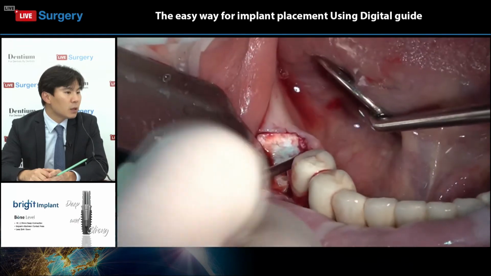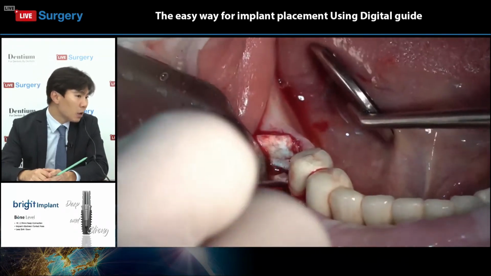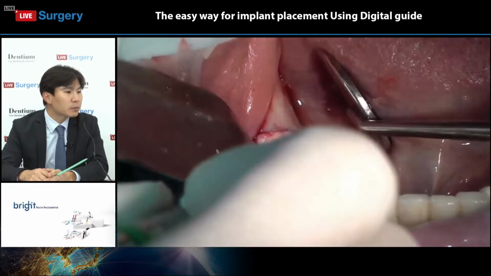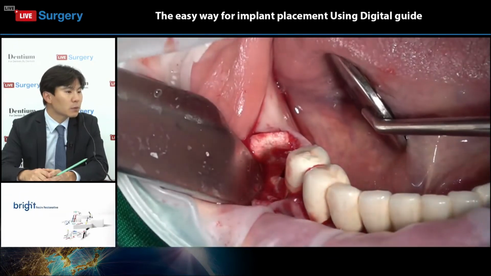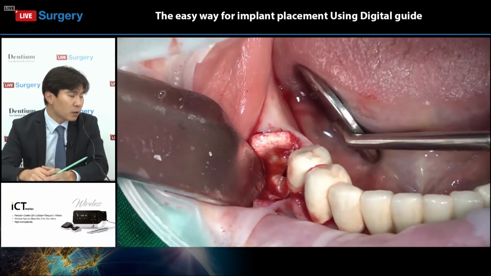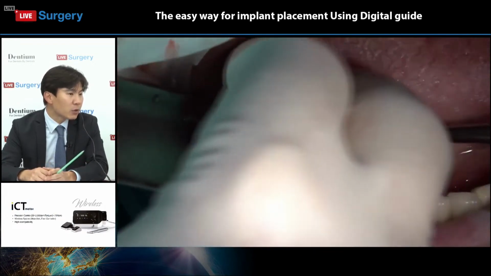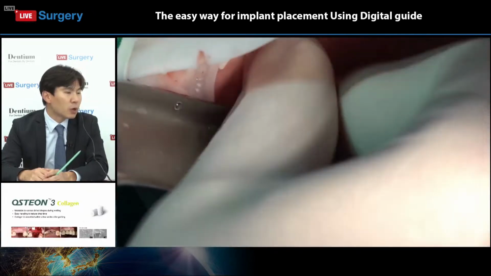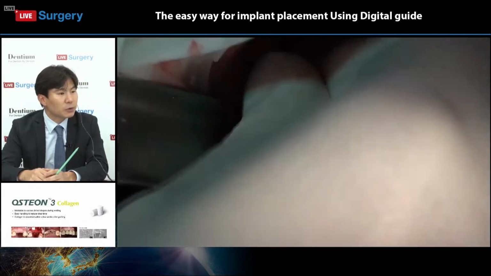Then he inserted the membrane below the lingual flap, holding the membrane using the periosteal elevator. Then he's connecting the healing abutment through the hole to the implant fixture.